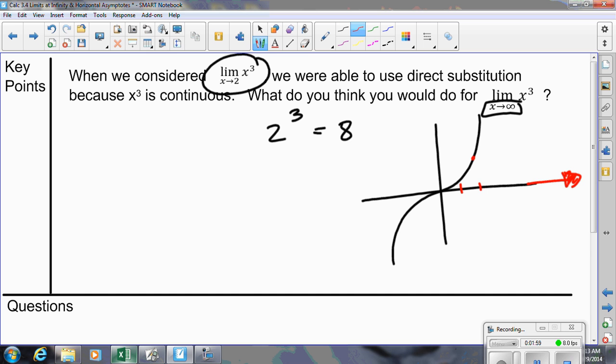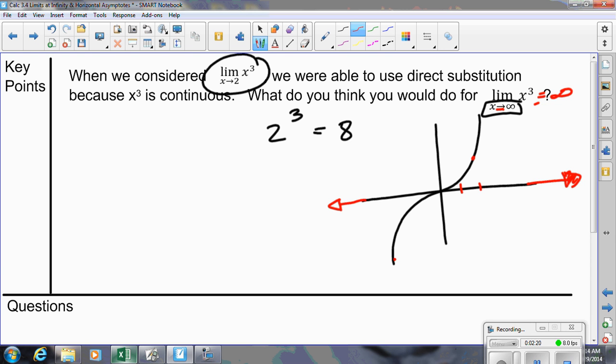Well, for this one, we know it's going up and up, so we should be able to say that's going to go to positive infinity. And likewise, if we're going to the left for approaching negative infinity, the graph is going down, so we would say negative infinity.